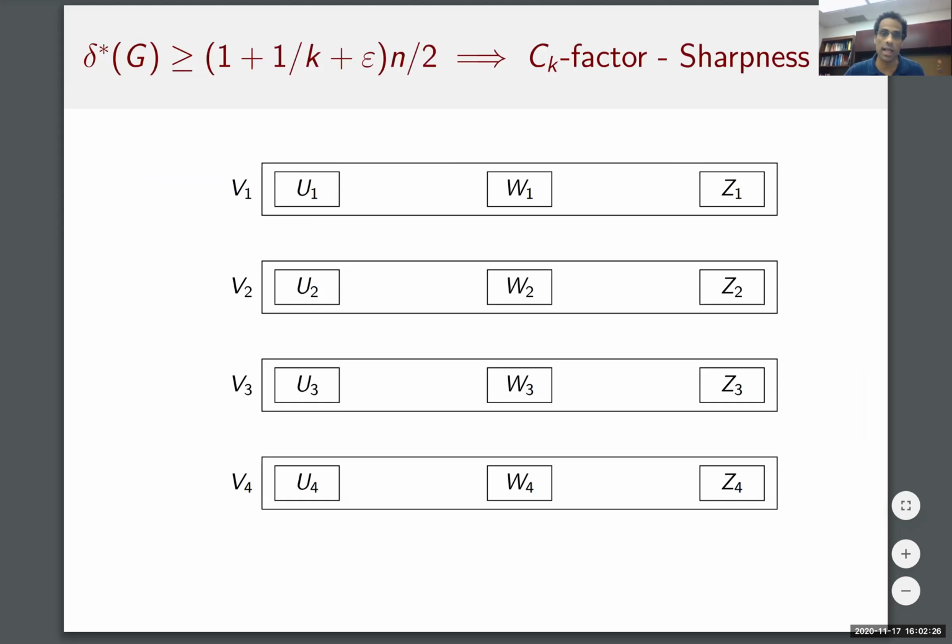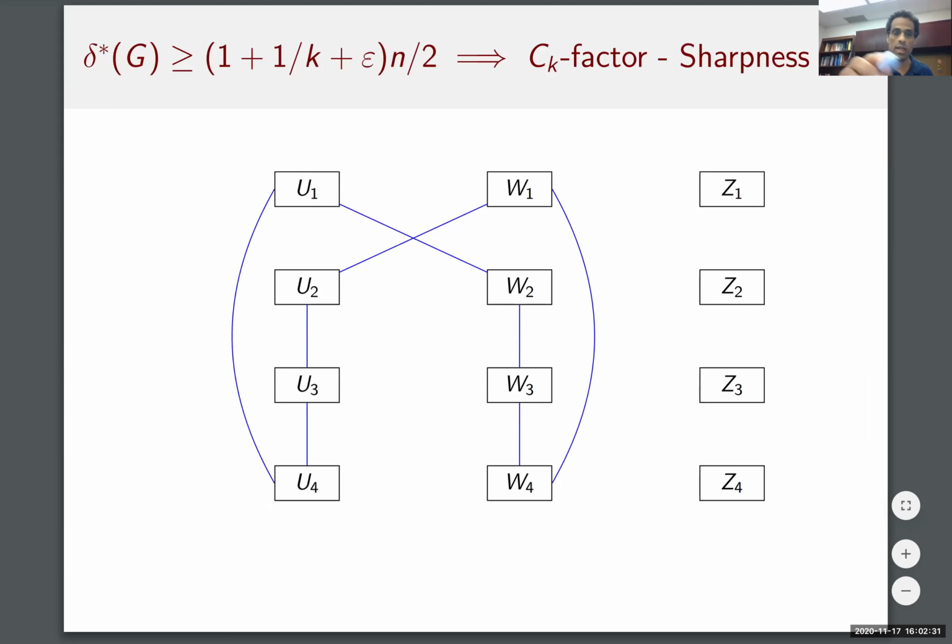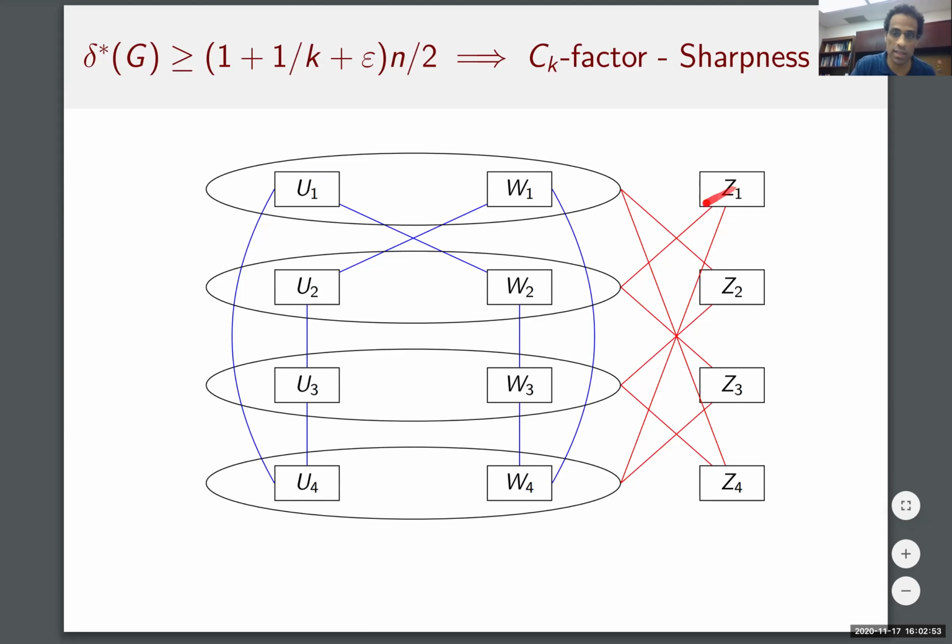Quickly, I'll say a little bit about the sharpness here. It's very similar to what we saw earlier. I'll just do the k equals 4 case. We do something similar in the picture here, where these blue lines again represent complete bipartite graphs, and in this part of the graph, we have no transversal C4s. Here we're attaching the Z in a similar way to what we did before, but now Z1 is not adjacent to anything in V3, so he's just adjacent to U2, W2, and U4, W4.